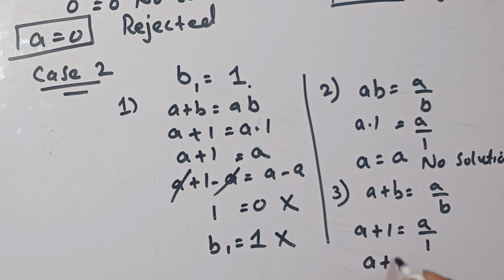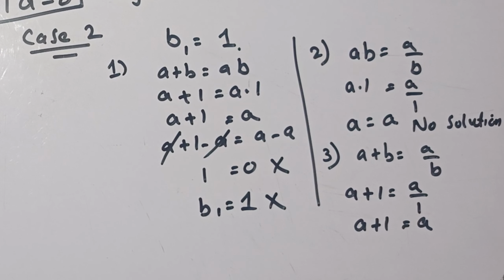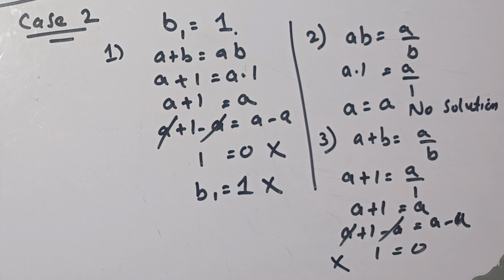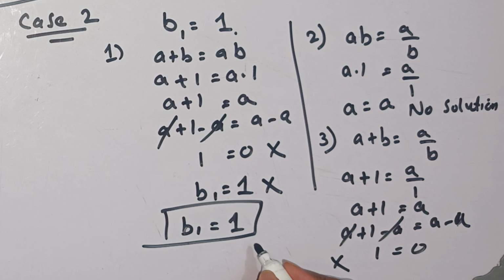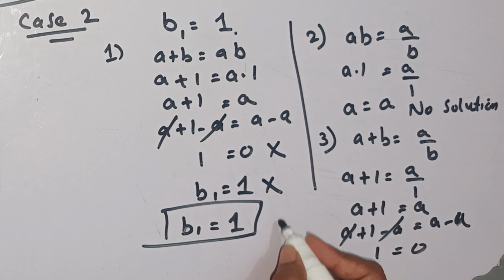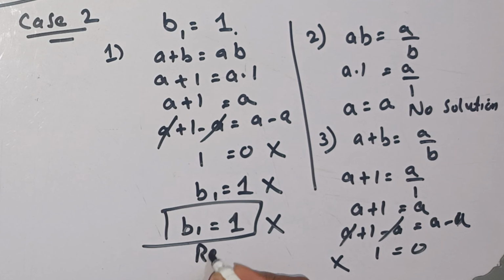So this is a plus 1 is equal to a. Subtract a on both sides. A plus 1 minus a is equal to a minus a. So this will cancel. Here we get 1 is equal to 0. So we have no solution. So this implies b1 equal to 1 provides no solution for a. So this is also rejected.